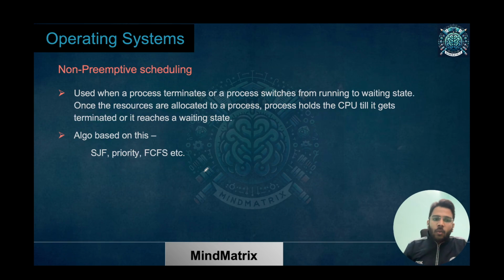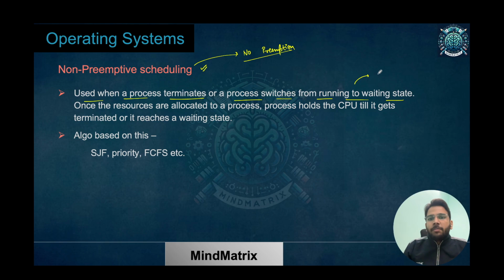Okay, what is non-preemptive scheduling? That means there is no preemption. Once you allocate the CPU to a process, it will complete its execution, and then you are going to give the CPU to another process. So there is no preemption. Clear? So it is used when a process terminates, that means completing its execution, or a process switches from running to waiting state.